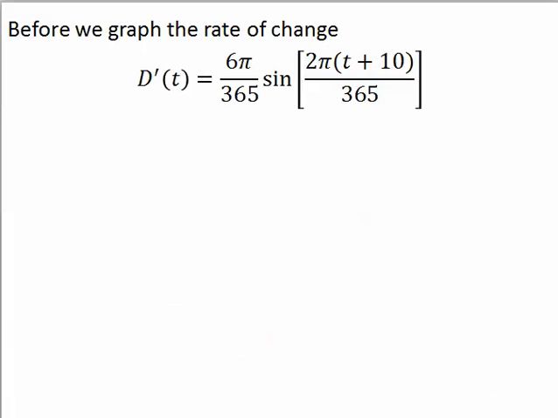Next, I'd like to graph the rate of change. Now, I'm not going to use a graphing calculator. It's not going to be available to me here on the computer. I'm going to use Wolfram Alpha.